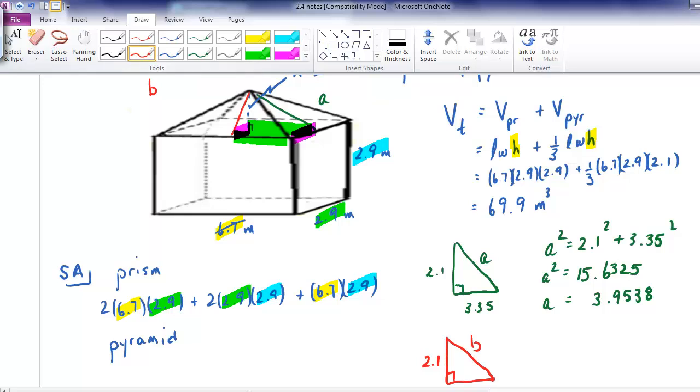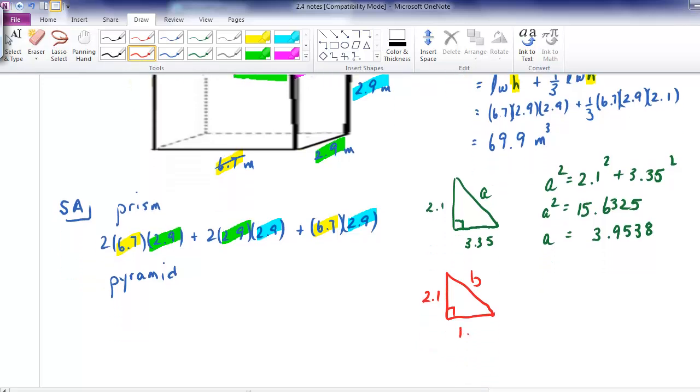So that's half of 2.9, which is 1.45. And when we do this calculation, B squared is equal to 2.1 squared plus 1.45 squared. B squared is equal to a total of 6.5125. And again, square root both sides, and we get 2.5520.